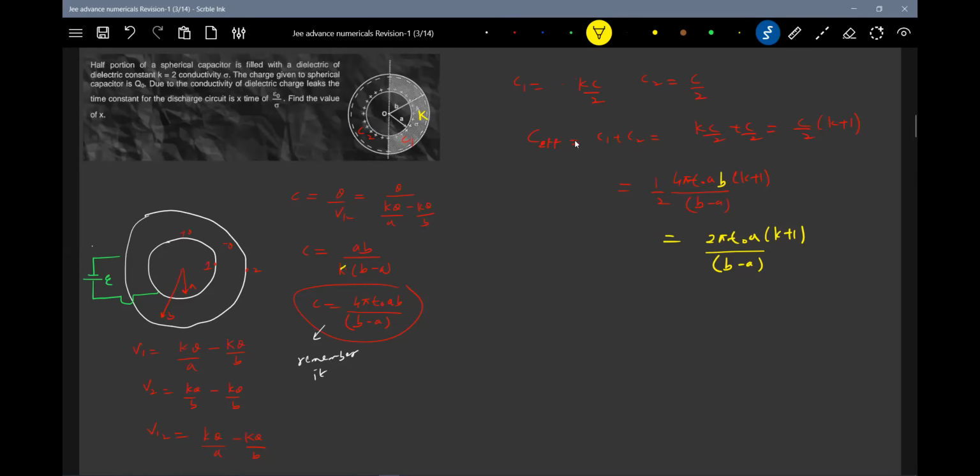This K, I'll put another symbol, so that there is no confusion. Some were asking. This is the capital K, which we were using.